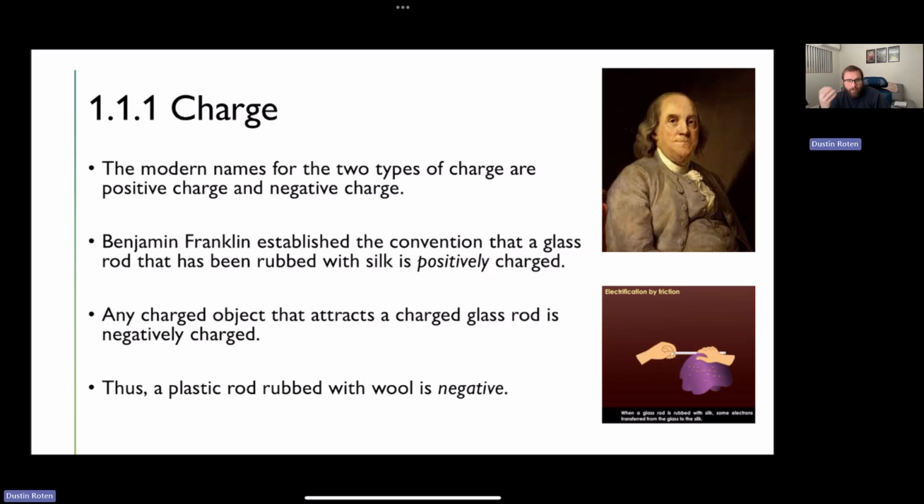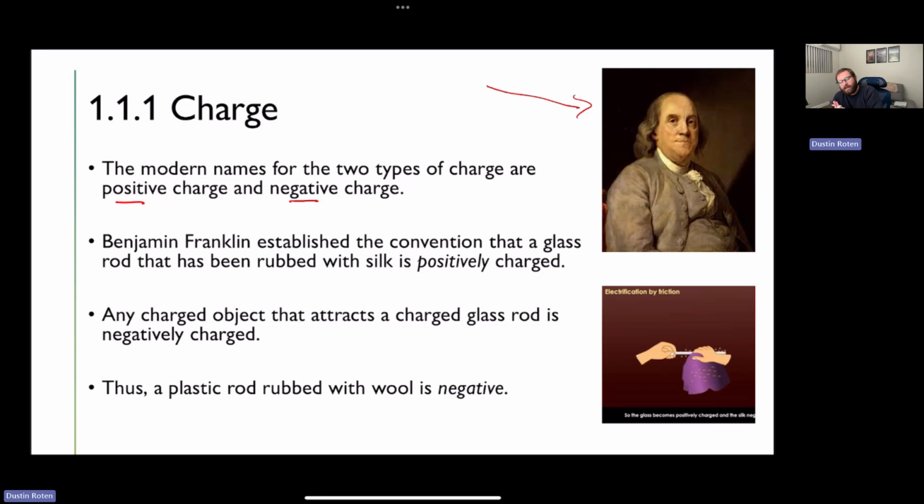So the modern names for the two types of charge, and you've probably heard of them, are positive charge and negative charge. Now, actually, Benjamin Franklin established this convention.